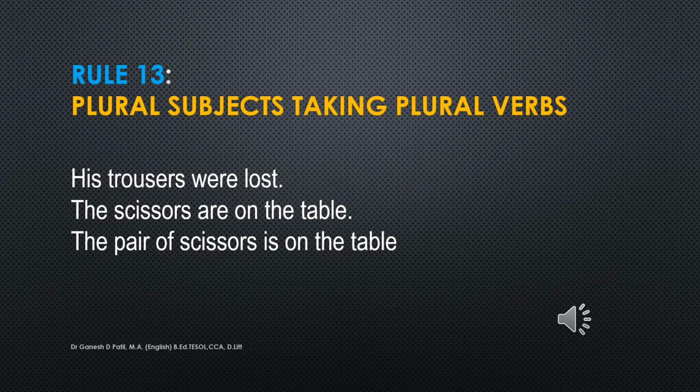So you can see here, his trousers is plural and it takes the plural form of the verb, though it means a single trousers. The scissors are on the table, but the pair of scissors is on the table. Here, the verb comes for the pair.